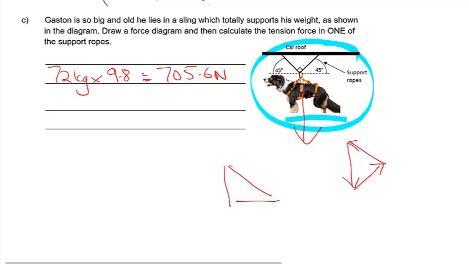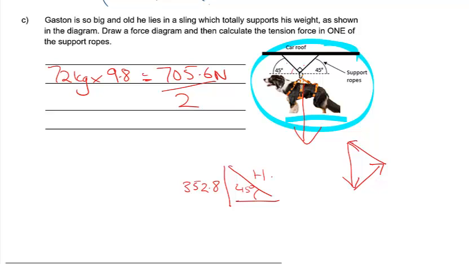At that stage, the weight force going down there is going to be split between these two, so it's going to be that divided by 2, because there's 2 ropes. If there's only one, it would be the whole thing. So that's 352.8.